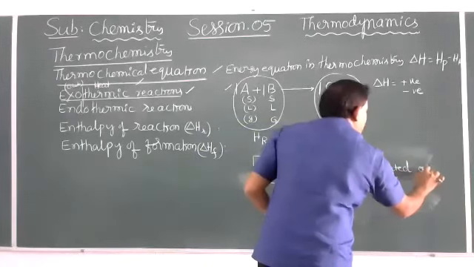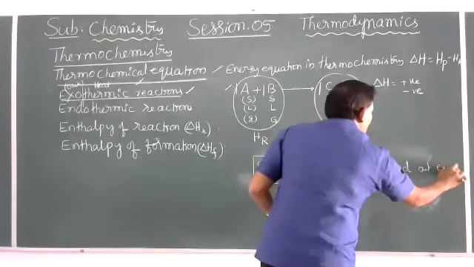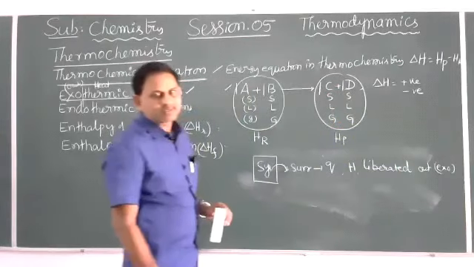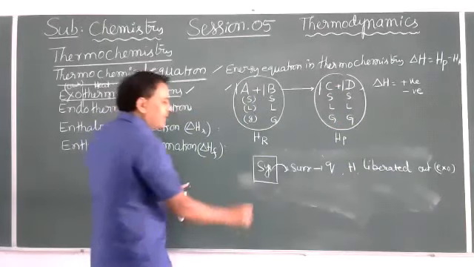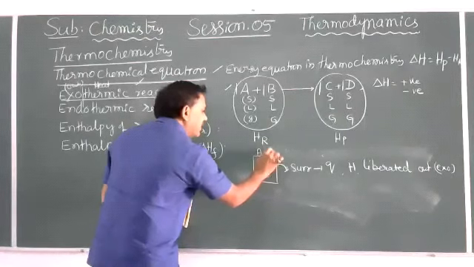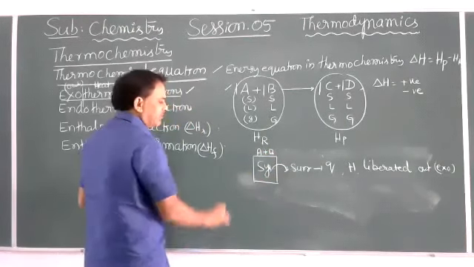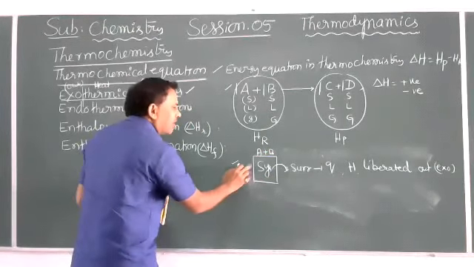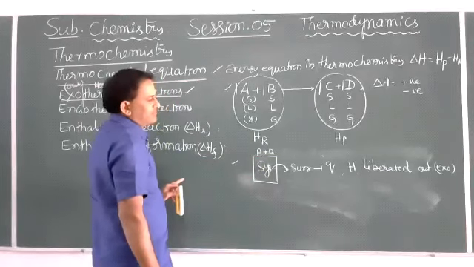Liberated means out, and that is an exothermic process. The system contains the reactants A plus B, and heat is liberated. Such chemical reactions are called exothermic reactions.